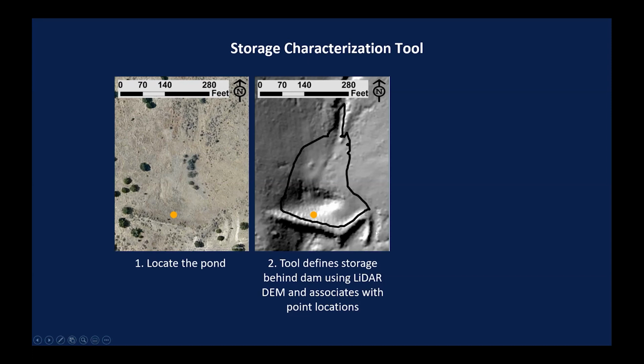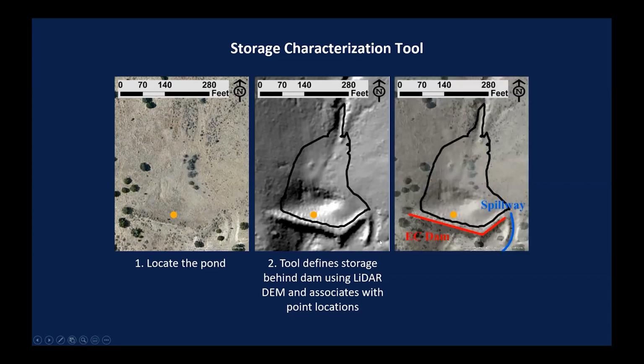Please note that we can actually see in this LiDAR image the emergency spillway as well. So we have the storage area behind it, as well as where it will flow out, at that elevation. I might add, this was so high-resolution, we can actually get the characteristics of the emergency spillway as well.